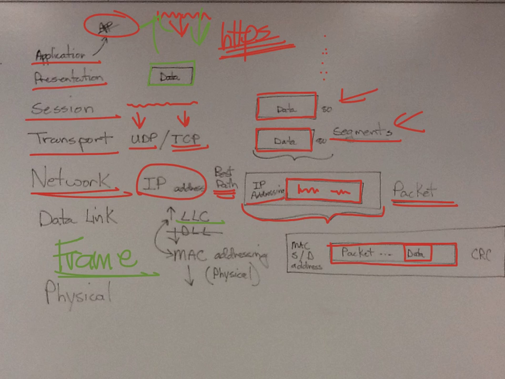So logical link control is the software that connects us up. This data link control going down is where we actually put on a MAC address, or the physical address. Once it goes onto the cable, you get it from here to wherever we're going. Get the bits there.